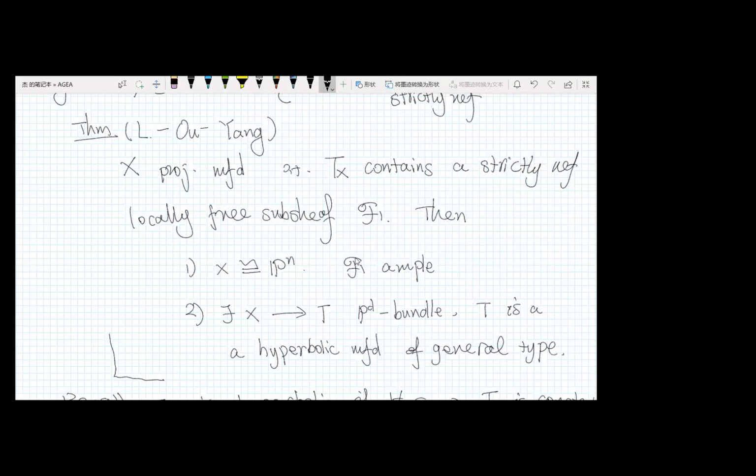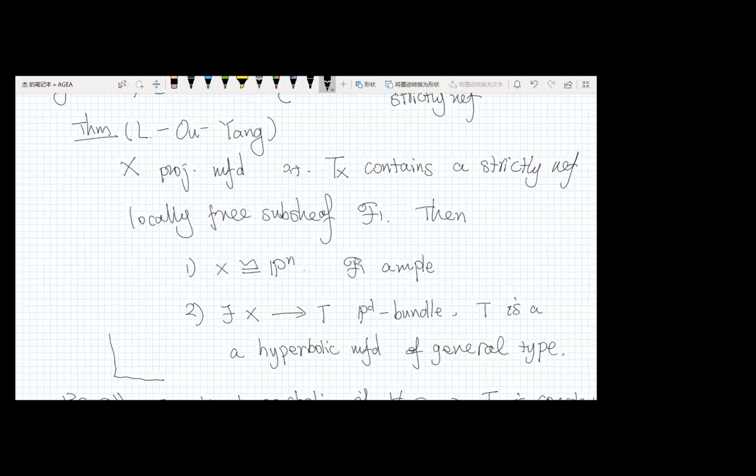Do you have any explicit examples? No, I don't have any explicit example, because in my examples, first you construct some vector bundle. You use representation theory to construct a vector bundle, and you take the projectivization of the vector bundle.